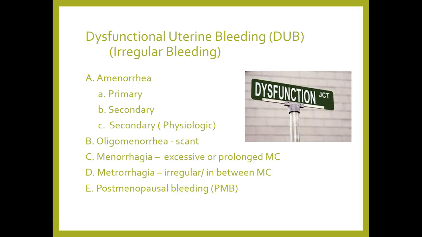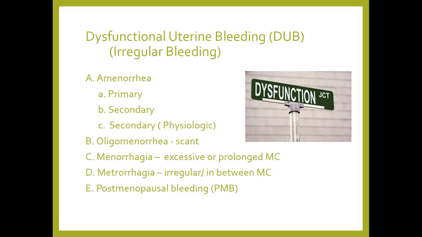Primary amenorrhea is the absence of a period by age 16 or 14 if secondary sex characteristics fail to develop, like breasts and pubic hair. There could be structural abnormalities.